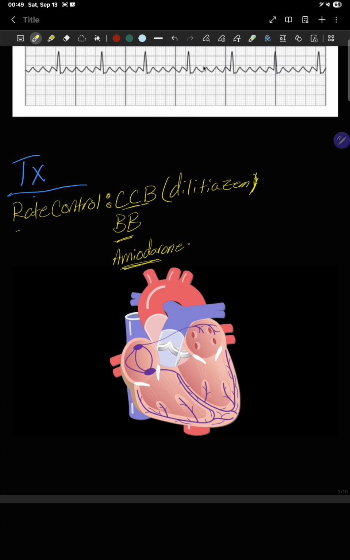because remember, amio is a potassium channel blocker. So we give it also for our VTACs, VFibs. And basically, what it does is it prolongs the repolarization of the cardiac cycle, and it decreases the amount of times that we can have a stimulus.